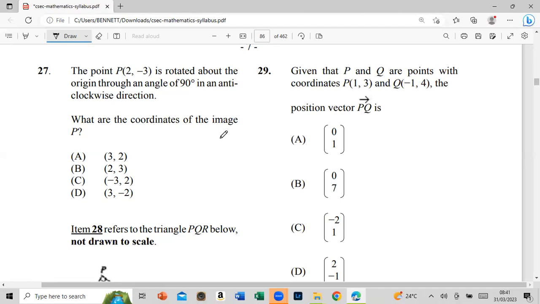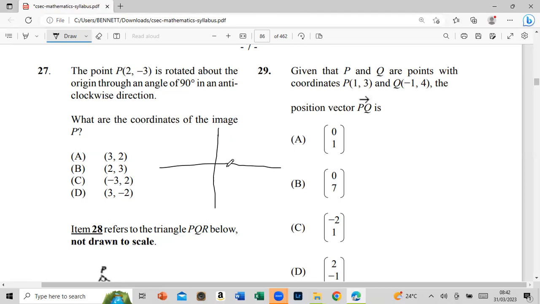Let me try and draw it. So it's currently in this quadrant. No, 2, -3, that means it's down here.